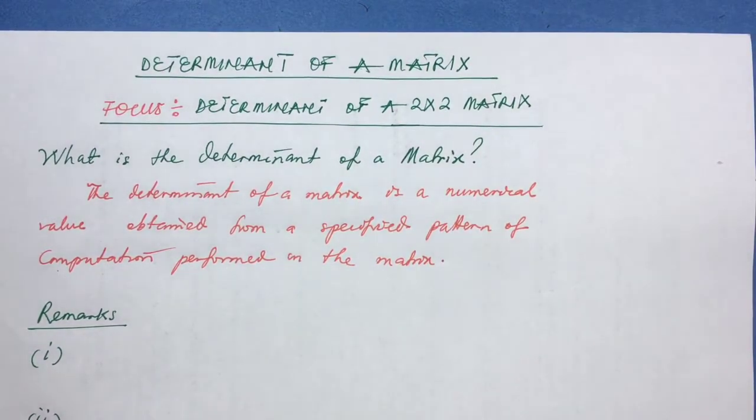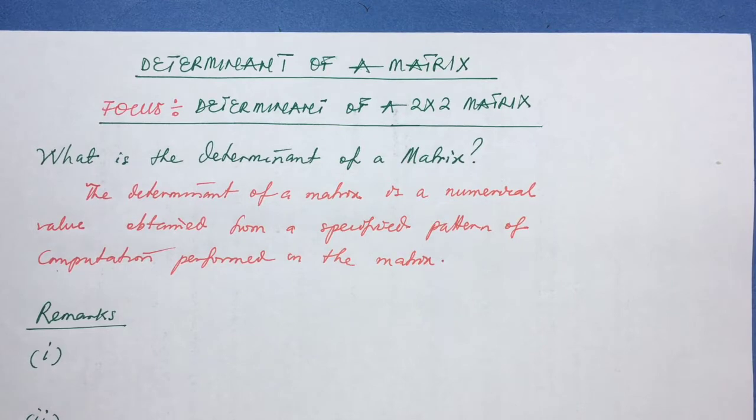So what we call the determinant of a matrix is simply a numerical value that is obtained from a specified pattern of computation performed on that matrix. So if you carry out a specified pattern of computation performed on the matrix, then that may just give you what we refer to as the determinant.